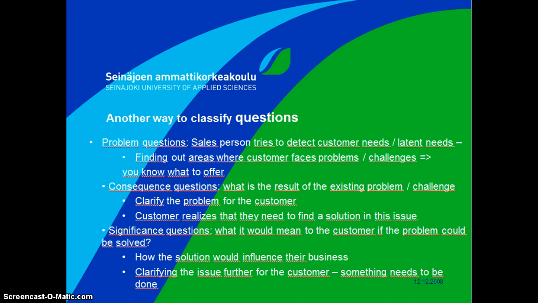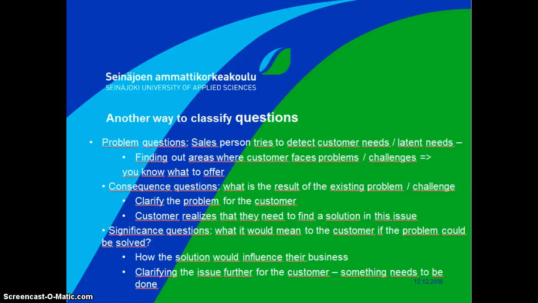There are also other ways to classify questions. You could say you have problem questions. So the salesperson tries to detect customer needs and latent needs, and you do that by finding out areas where the customer faces problems or challenges, and then you know what to offer.